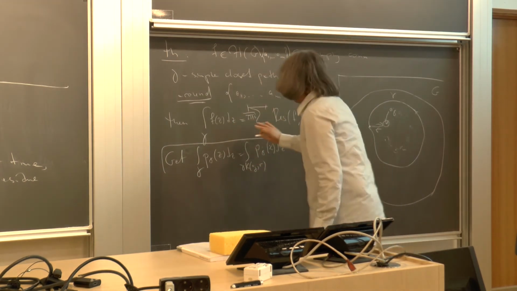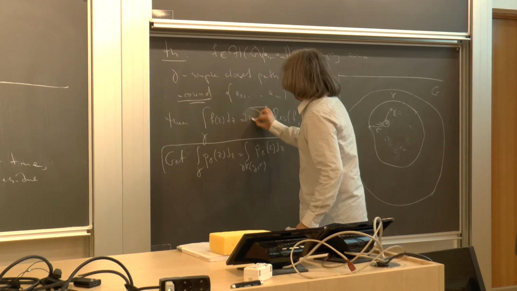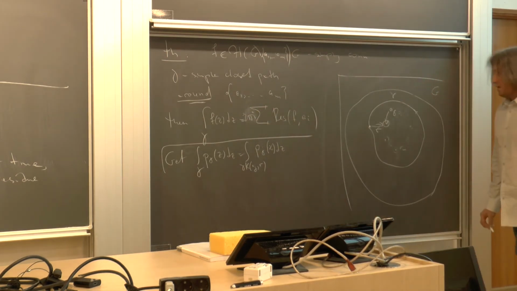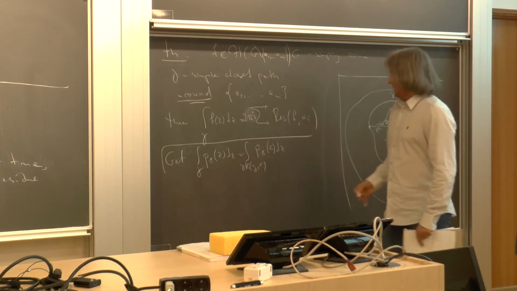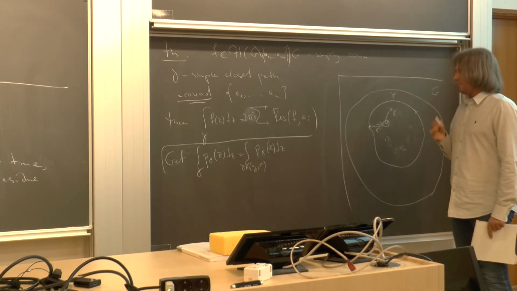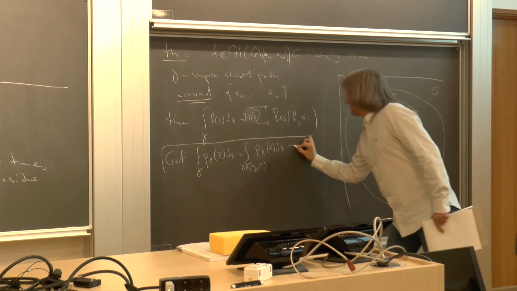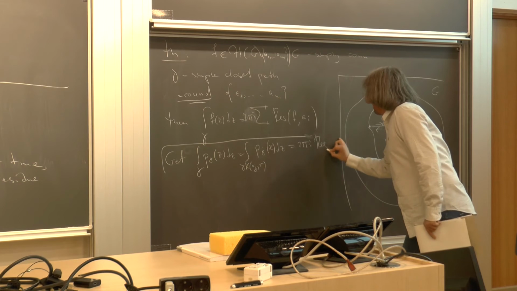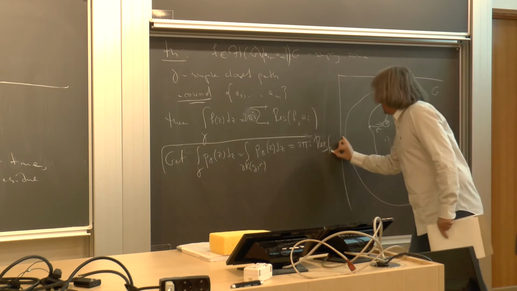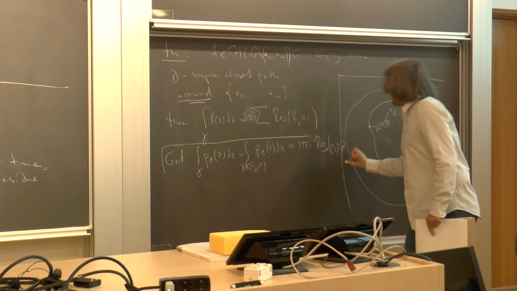Sorry, it's 2 pi. So this is 2 pi i times the residue of P_j at a_j.